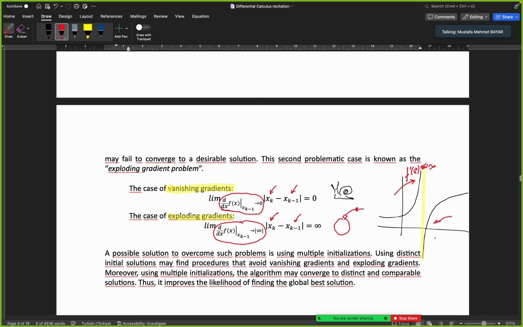And whenever you approach the function from the right, then the first order partial derivative approaches approximately negative infinity.